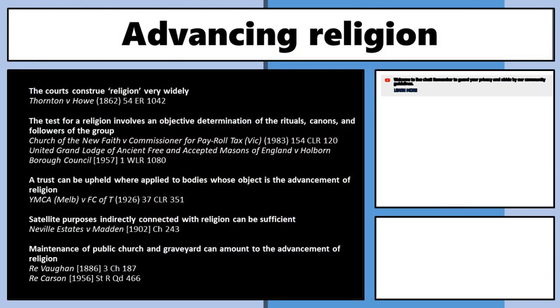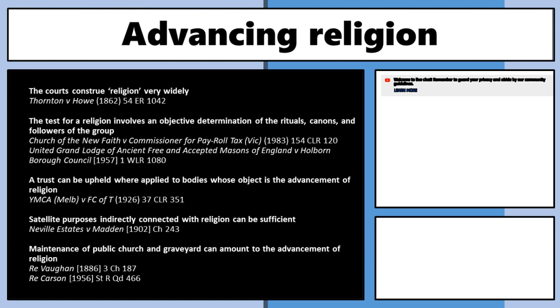Religion. The third limb of Pemsl's case, much like education, is construed really, really wide. The courts, as you could imagine, don't really want to delve too much into what a religion actually is.